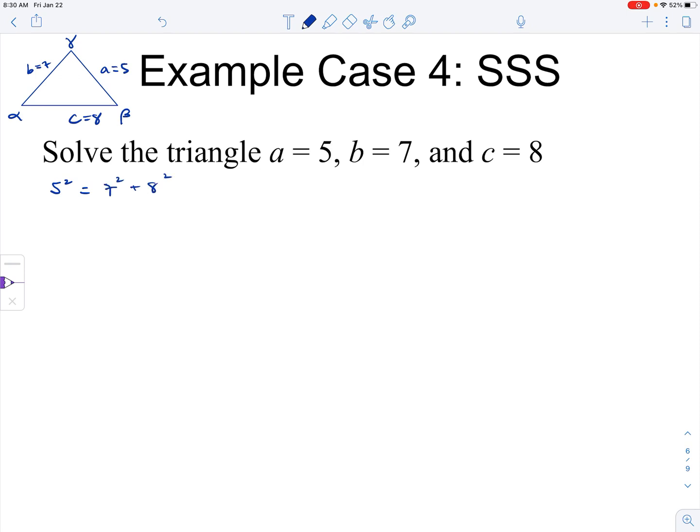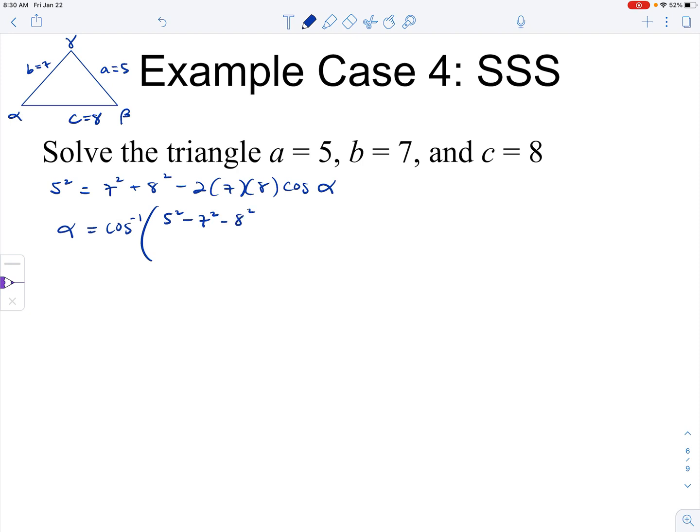Setting up law of cosines to solve for alpha, I'll have 5 squared on the left equals 7 squared plus 8 squared minus 2 times 7 times 8 times cosine of alpha.